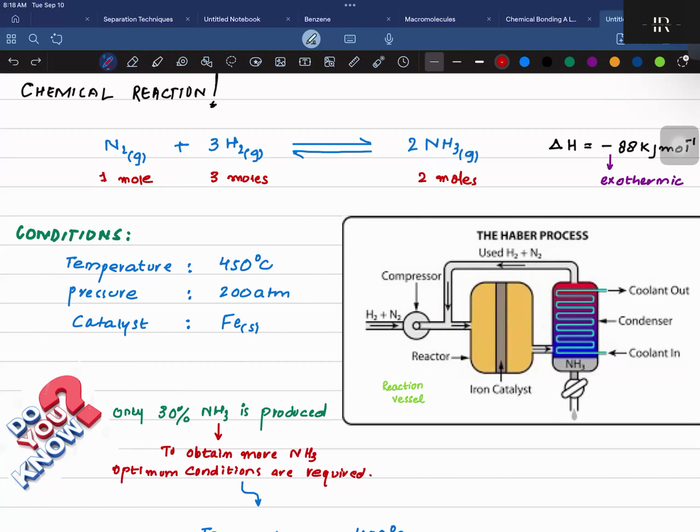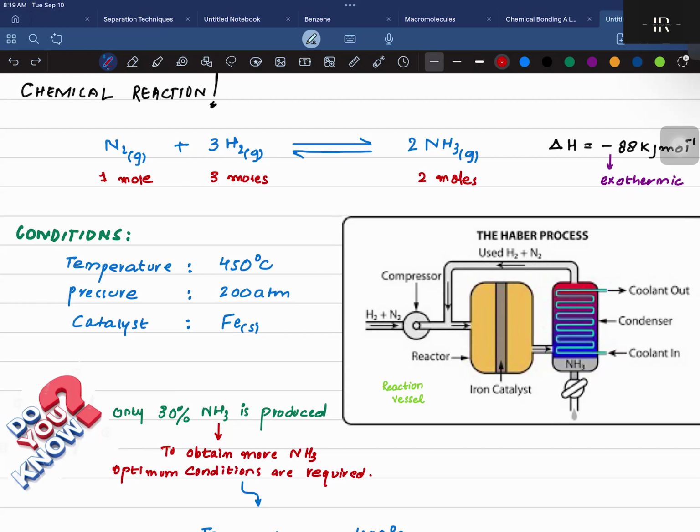But I told you in the beginning of this chapter that there is a problem with reversible reactions. If you ask how, this is a reversible reaction, and I told you that they never form 100% product.